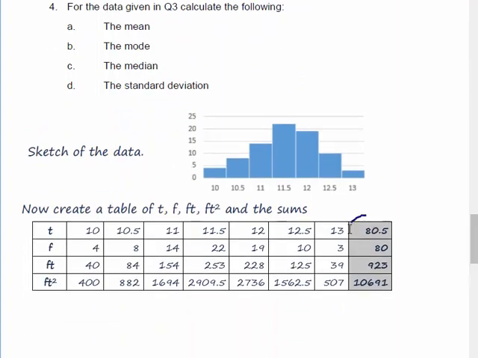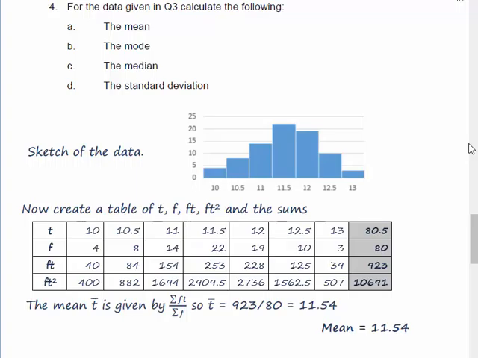Here are our values, and here are the sums of the rows. Sigma ft over sigma f to give us the mean, which is 11.5. This is 900 over 80. 900 over 90 will be about 10, so 900 over 80 is likely to be slightly larger than that, so a value of around 11.5 would seem reasonable.